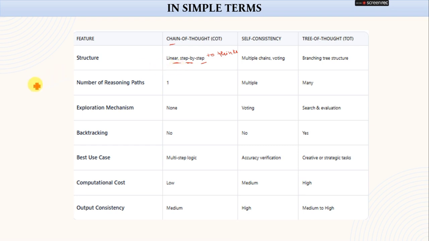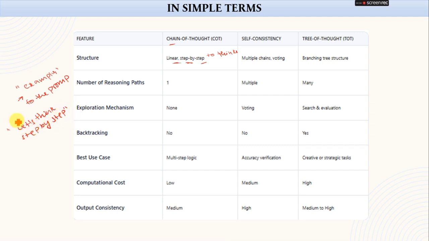So, how does it work? Simple. You provide a prompt that may or may not include a few examples where the thought process is explicitly shown, and you ask the model to follow the same approach. For a new input, you may ask the model, let's think step by step to arrive at a final conclusion. I know this might be confusing.